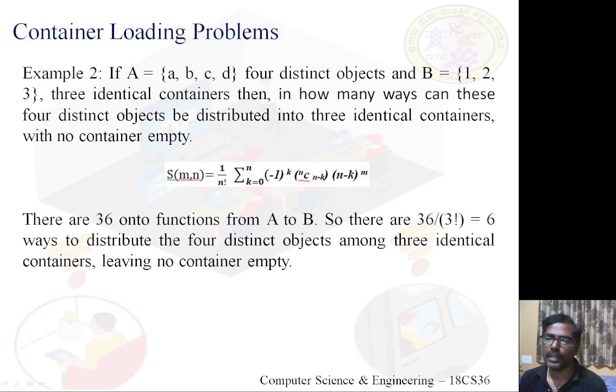Then we are going to get the answer to be 36 by 3 factorial, that's nothing but 6. So there are 6 ways to distribute 4 distinct objects among 3 identical containers with none container left empty. Clear?